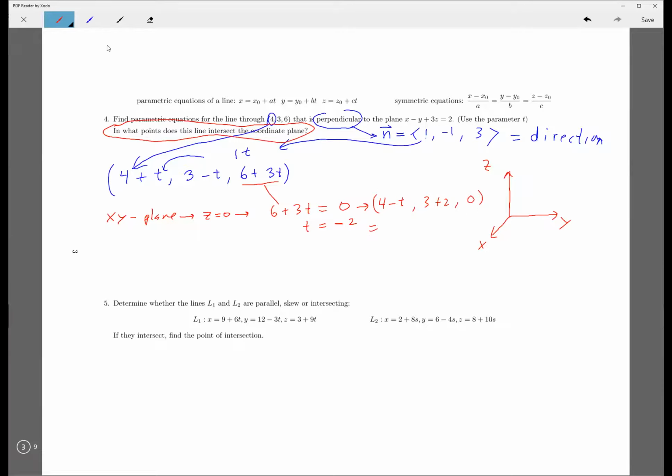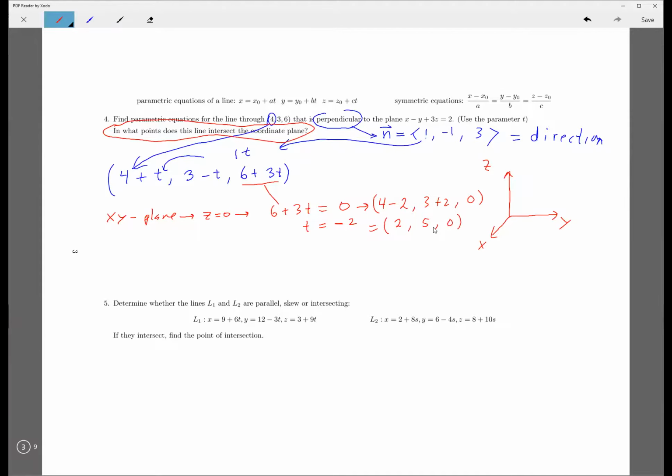Wait, whoa, I said 2, and I wrote a t. Wow. Okay, so 2, 5, 0. So let's put that in there as the point that it crosses the XY plane.